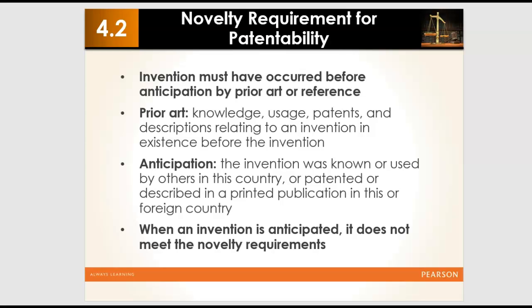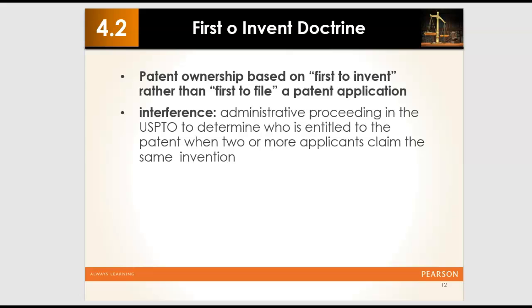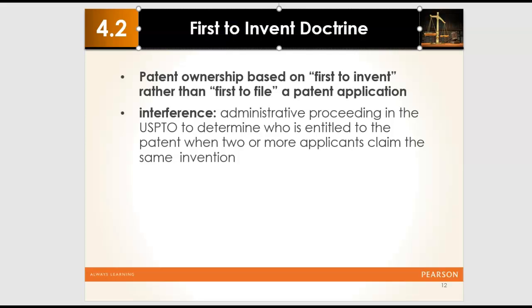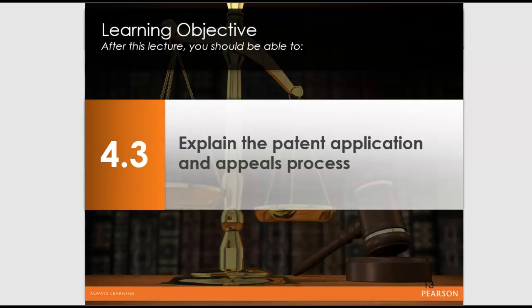And prior art is everything that exists. So we discussed this already. And the first to invent doctrine, we also discussed this. So it is not the first to apply, but it is actually the first to invent. So who actually invented or made the invention?